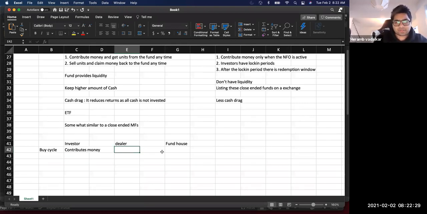Investor contributes money. Dealer checks inventory to see if units are available.